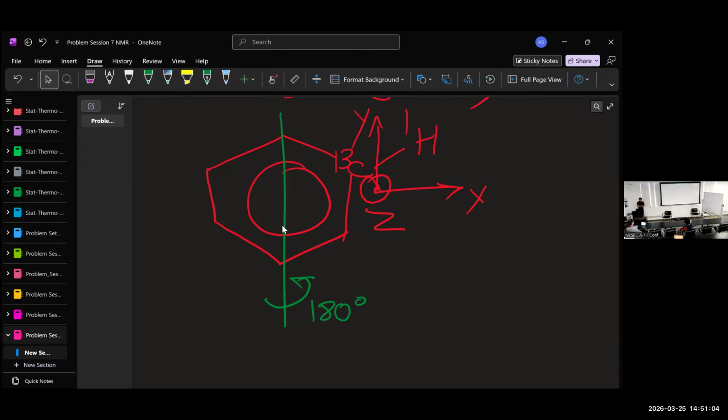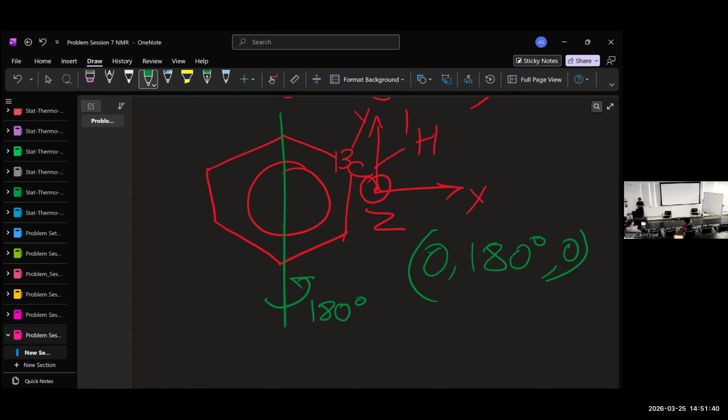If we follow the convention that any rotation has to be described by three Euler angles, what are all three? Alpha, beta, and gamma. Beta is 180 and the others are 0. So 0, 180, 0 is the set of Euler angles for that rotation.